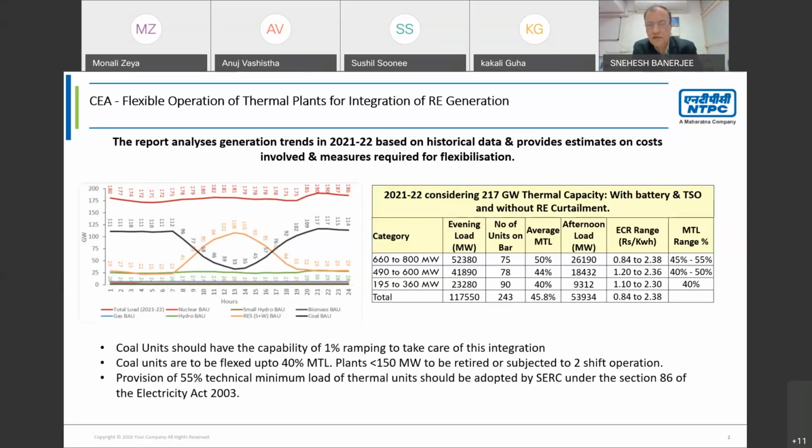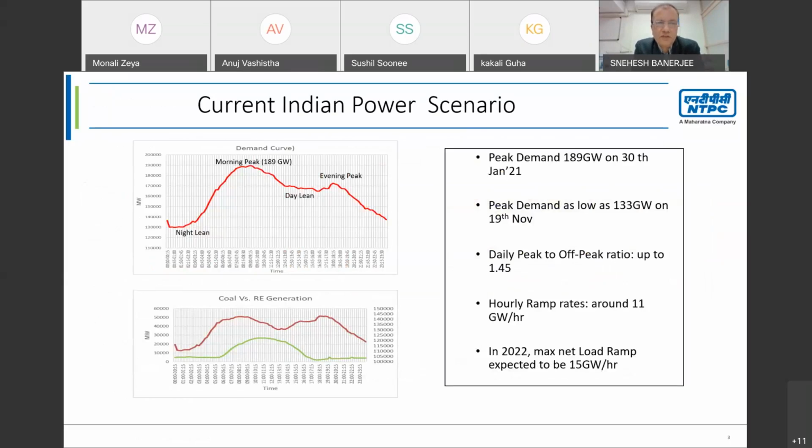That means in medium size units the maximum flexibility can be resorted to, and the lower type of units can be resorted to two-shift operations, or minimum and maximum shutdown and startup. Those types of operations are recommended.